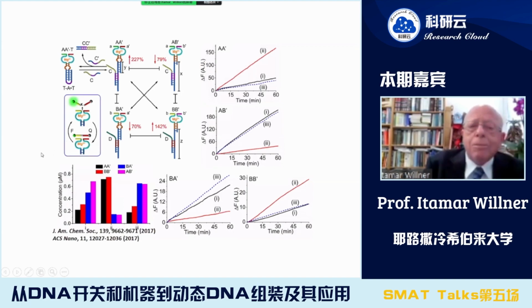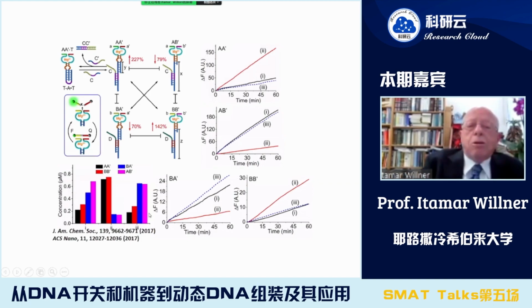This DNA enzyme cleaves a fluorophore quencher modified substrate. The rate of cleavage is proportional to the content of the DNA enzyme. And if we have an appropriate calibration curve, the response of this transducer unit will tell us how much material we have in the network.